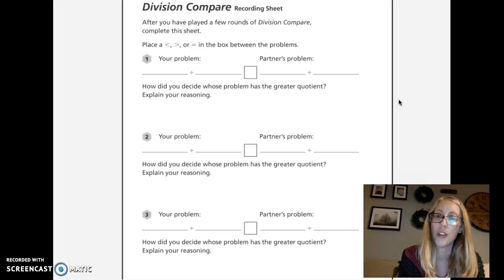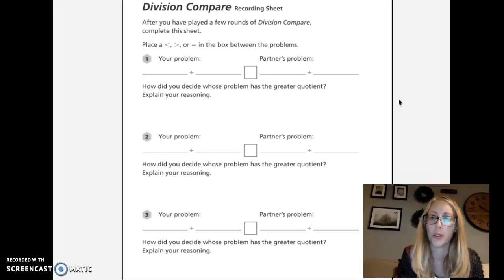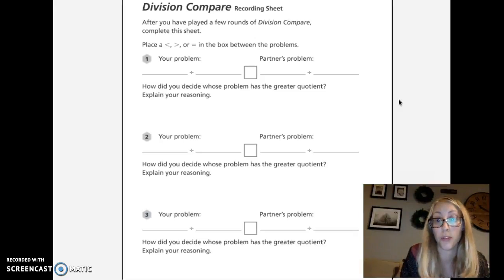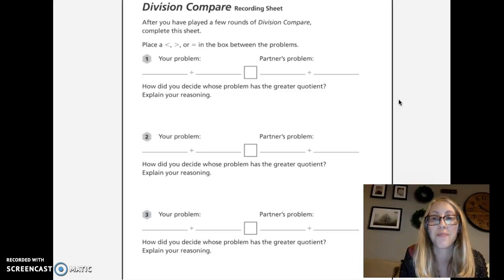Those are on the back shelf. And you may also take a look at the variation that uses the other type of cards. I believe the first deals with compare cards, and then the variation deals with digit cards without the zeros. You'll have to verify that with the directions, but just off the top of my memory, that's what I think the variation is. All right, so have fun with this game.